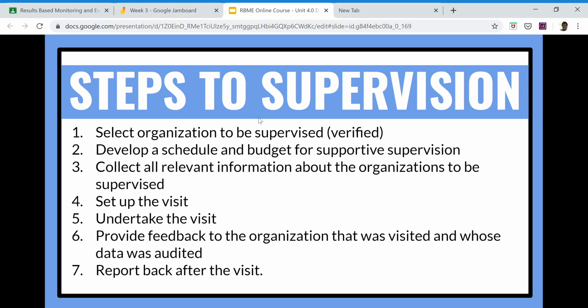So, you want to look at some things about the organization, which might include all correspondences with the organization, copies of previous supervision visits, if there has been any, the name and contact of the M&E person who is within the organization. You can think about copies of monitoring guidelines, routine monitoring guidelines, advocacy materials, examples of data, and also data use reports that they have produced in the past.